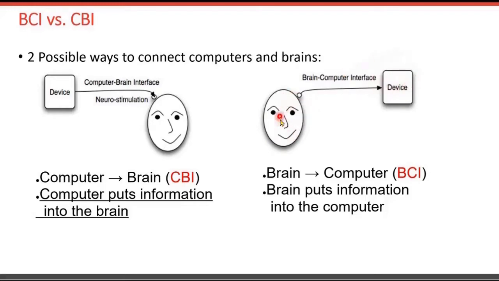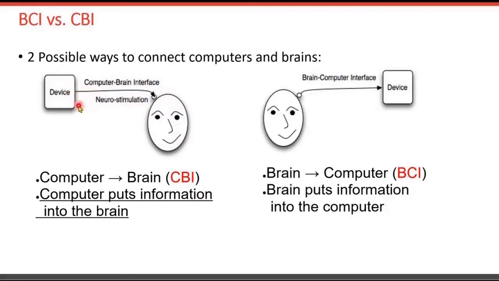So the brain puts information into a computer or some other device. In the CBI case, computer-brain interface, we have an external device, which can be a computer, that is putting information into your brain. So there are two possible ways.